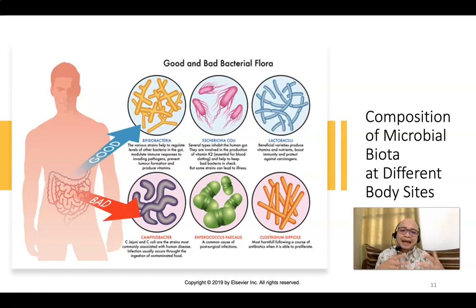But let me emphasize that not all strains of E. coli are beneficial because some strains may be considered pathogenic. Bad bacteria, which most of the time can cause diseases and are highly pathogenic, would include, for example, in the gastrointestinal tract, Campylobacter, Enterococcus faecalis, and Clostridium difficile.